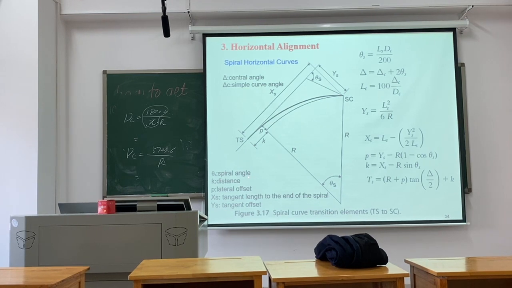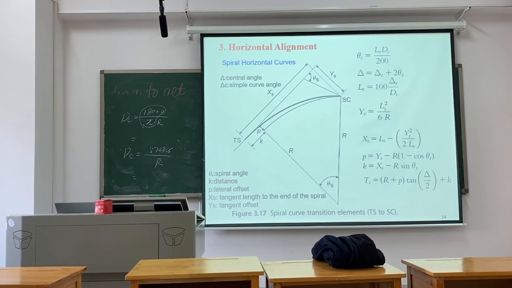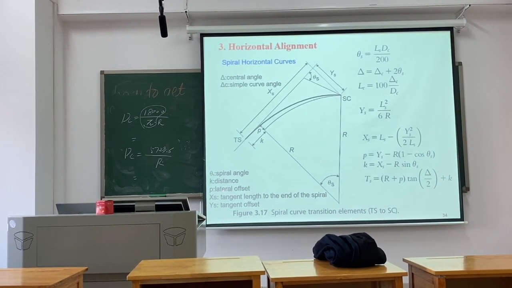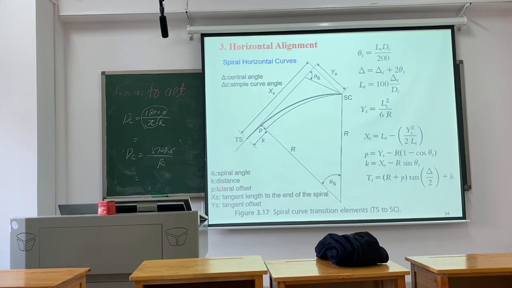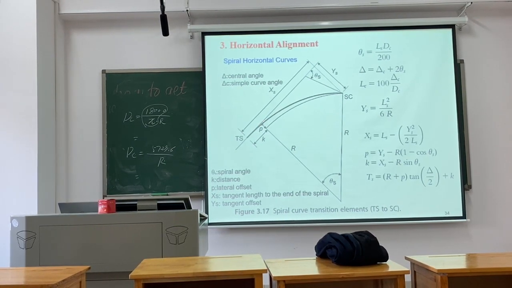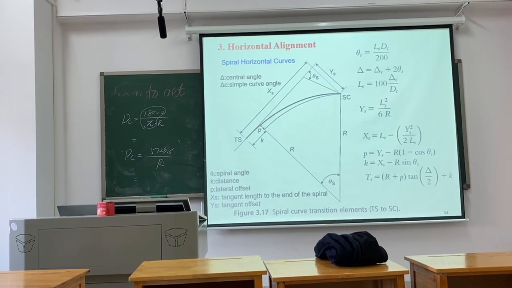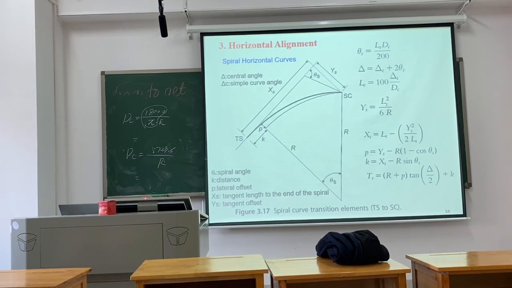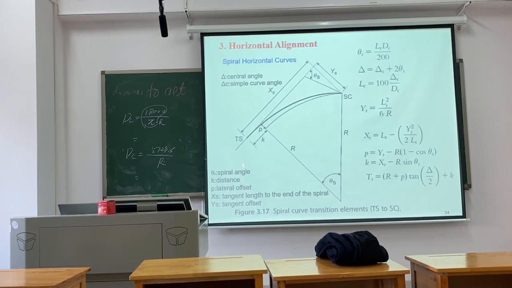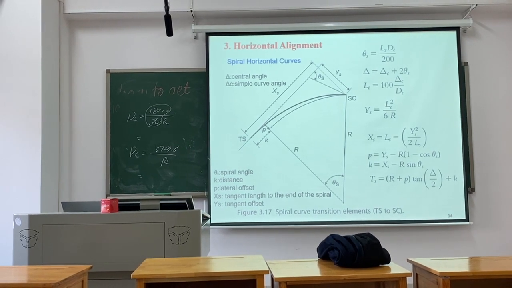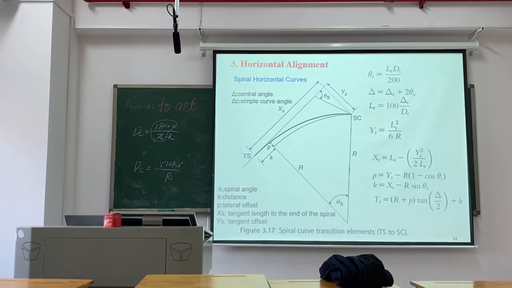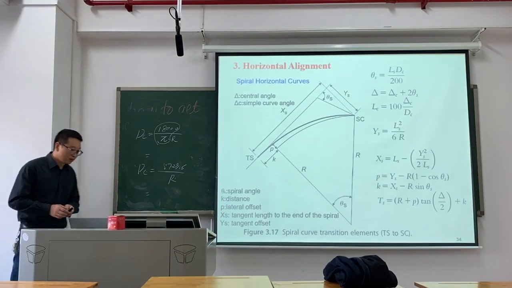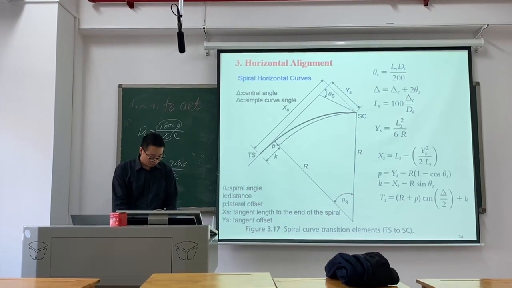Θs is the spiral angle, K is a distance, P is the natural offset, Xs is the tangent to the end of the spiral, and Ys is the tangent offset. It's more difficult, but you should know it.